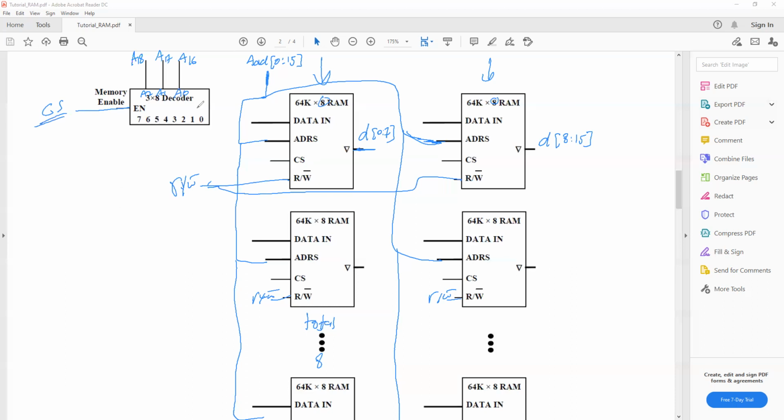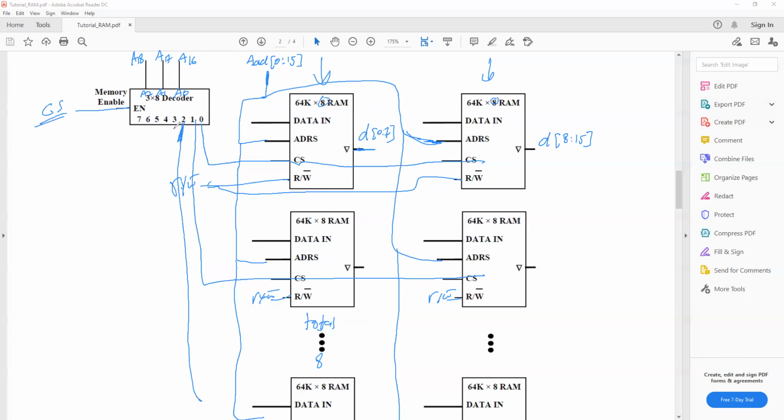Then I have the outputs of this decoder. Zero will enable the first line of memories. One will enable the second line of memories. You will connect them to both chips, because these two are just providing the 16 bits, but from the address side it's going to be enabled for both. And for 2, the problem is I can't draw it completely, but anyway you understand the idea.